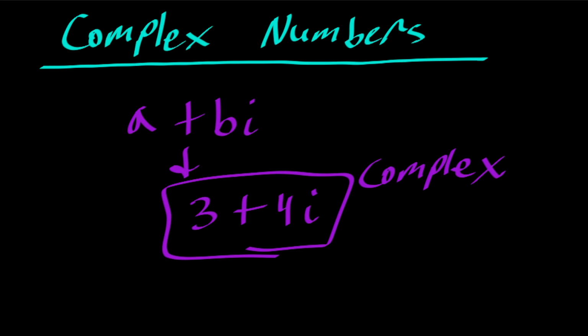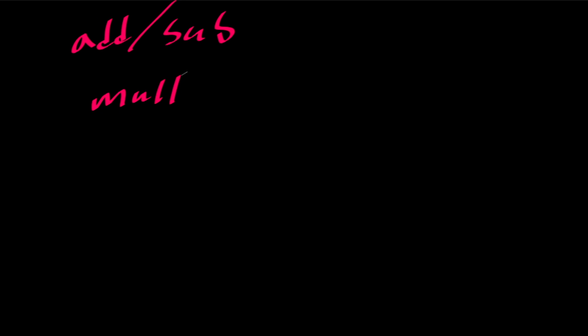Now we can do a couple different things with these complex numbers. We can add them, we can subtract them, we can multiply, we can divide. So let's look at a couple of those examples. I'll try to be quick through the first part because most of it at the beginning is pretty straightforward.